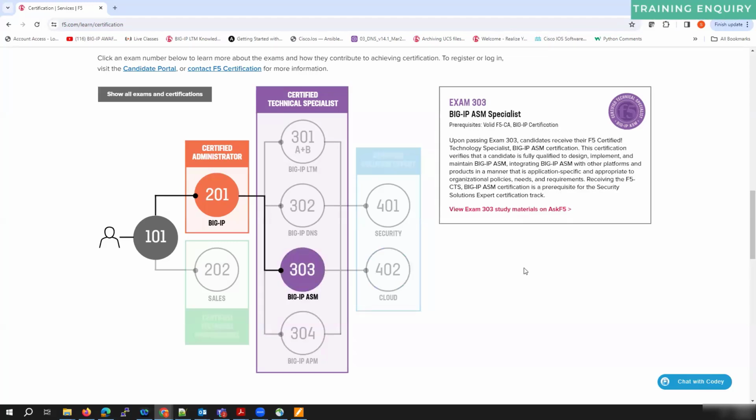ASM is WAF, Web Application Firewall. So it's a WAF solution. It will be after your LTM load balancer but before your backend servers, the real servers, so that you can protect your backend servers against DoS and DDoS attacks, as well as SQL injection, and many different types of attacks that could happen on your backend servers, or maybe on your database servers.